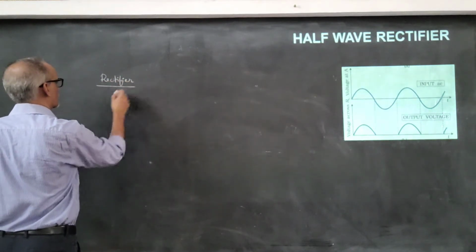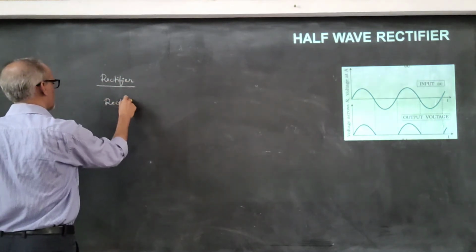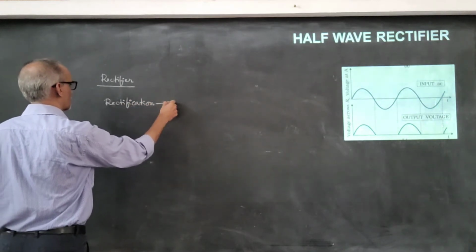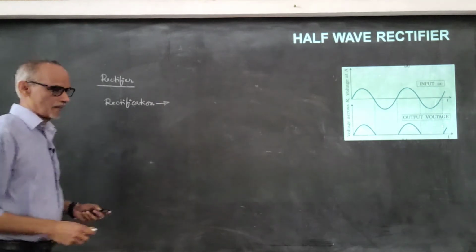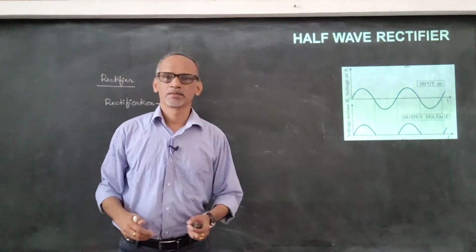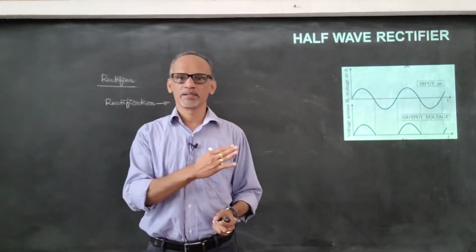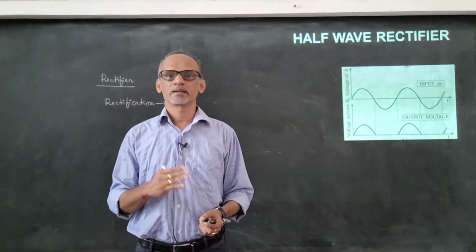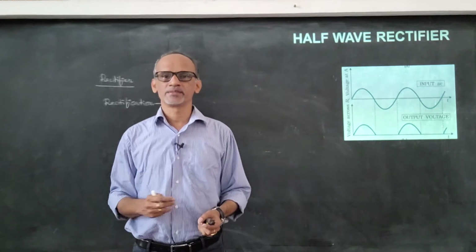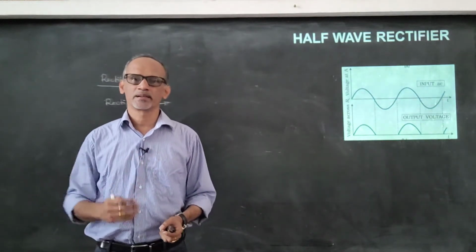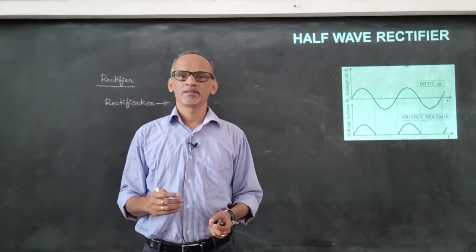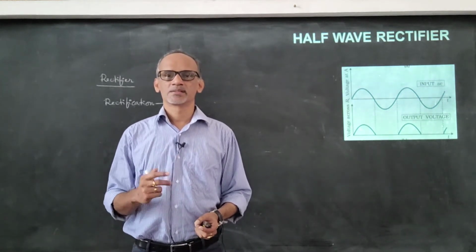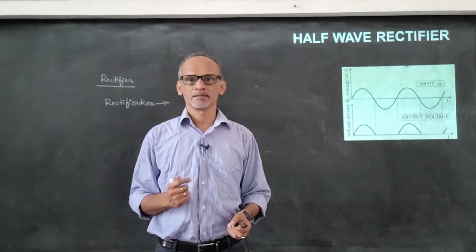Rectifier. So first we will learn what exactly rectification is. The current which flows in a single direction is called direct current, or if the magnitude is constant, it's called a steady direct current. Whenever the charges flow in either direction alternately, such a current is called an alternating current.